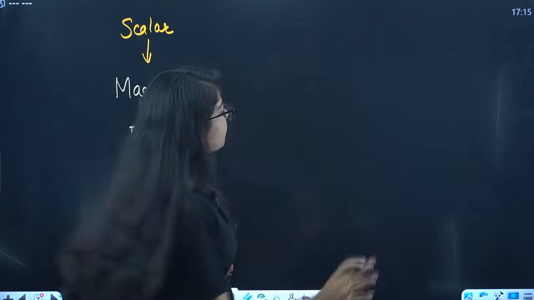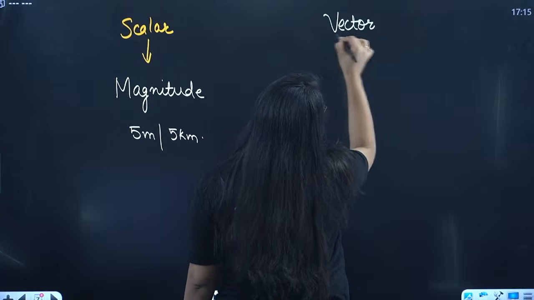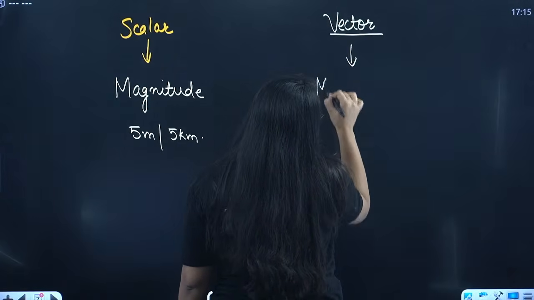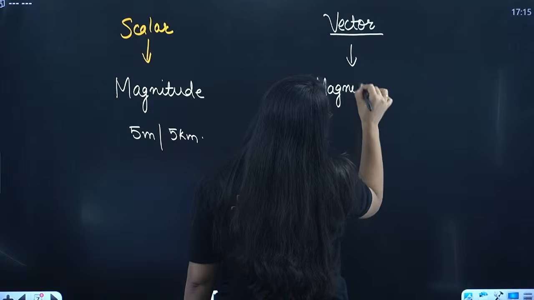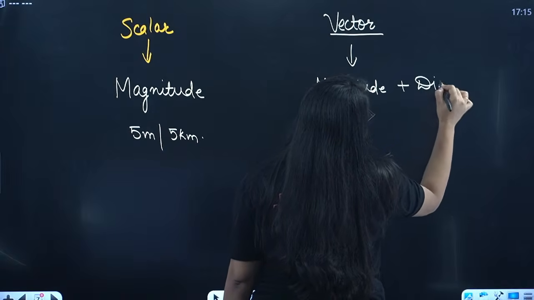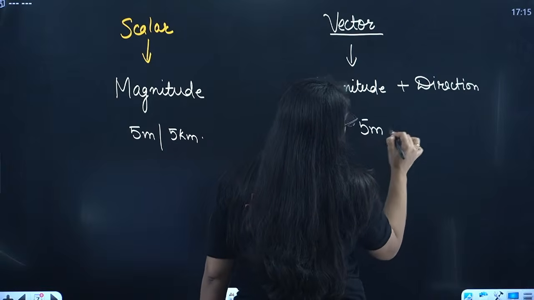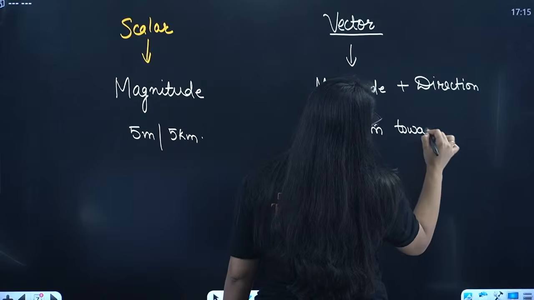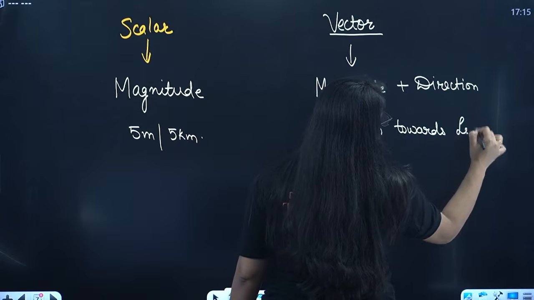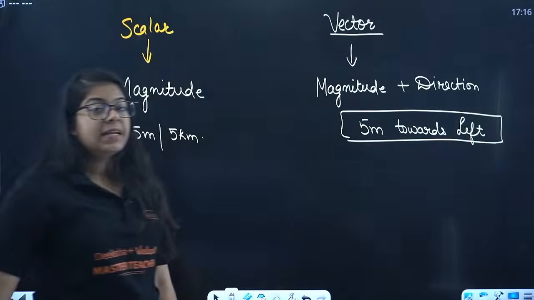Okay, but beta, in a vector we have magnitude plus direction. Magnitude plus direction. So if I write 5 meters towards left, then this whole term is not simply a scalar, it is a vector.